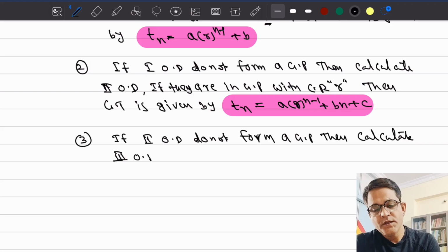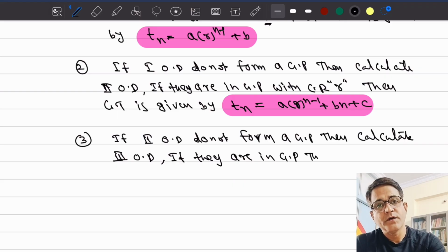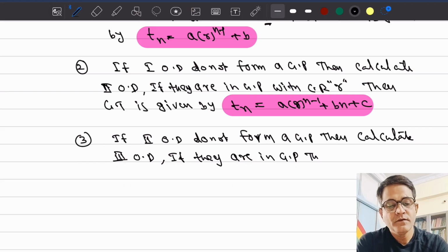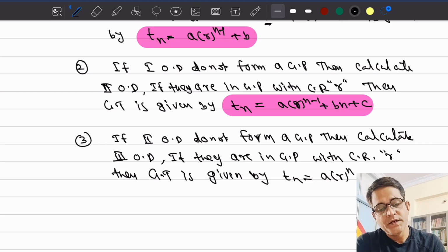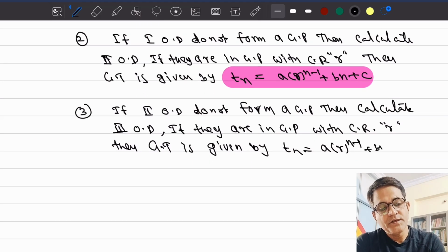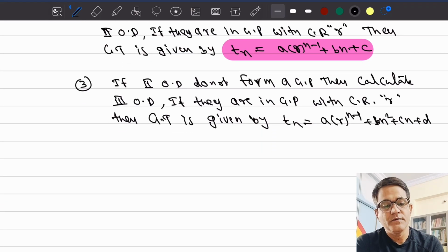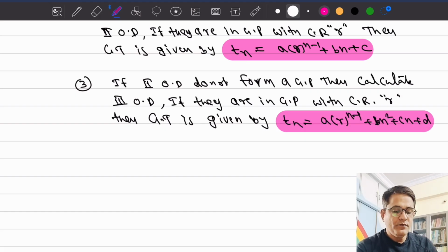If they are in GP with common ratio R, then the general term is given by Tn equals A into R power n minus 1 plus Bn square plus Cn plus D. This is the general term. So like this we need to proceed.